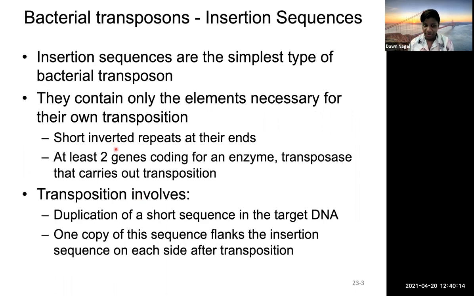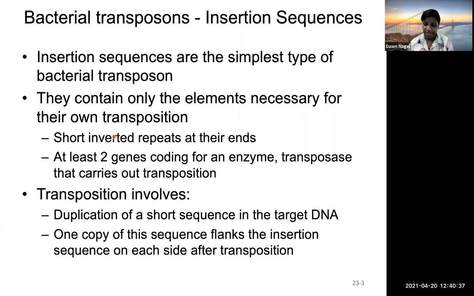In bacteria, these transposons are referred to as insertion sequences, right? So bacterial transposons are referred to as insertion sequences. And they're, quite frankly, the simplest form of transposable elements. They contain only the elements necessary for their own transposition.